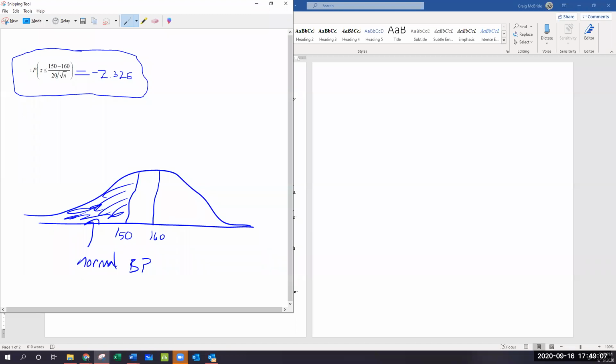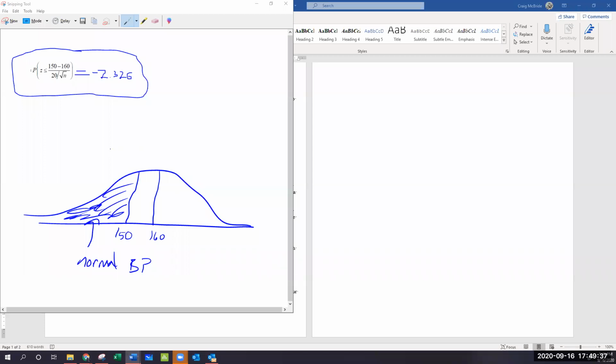So if they did have high blood pressure, what are the chances of getting a reading down here? The question we're answering this time is how big the sample size would have to be so that the chances of this happening is 1%.